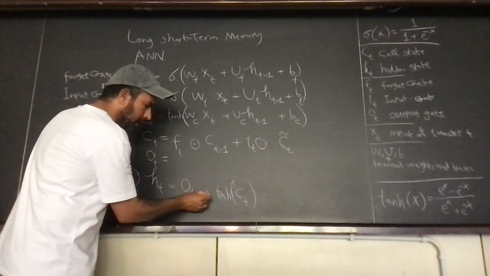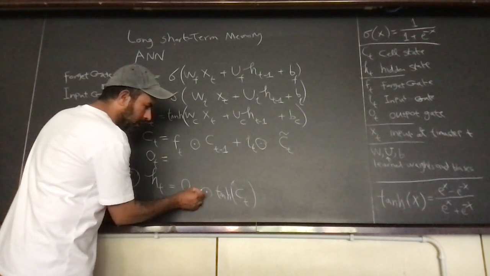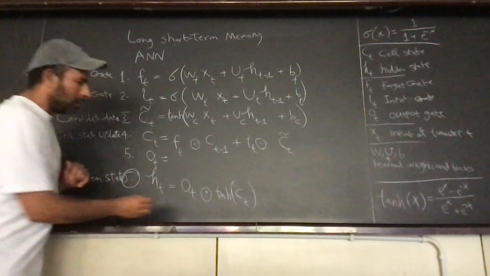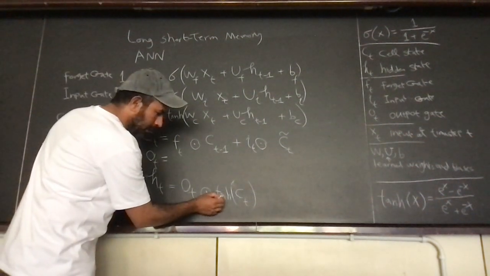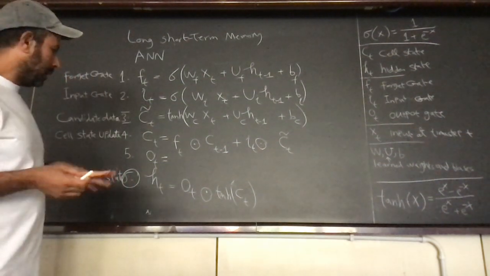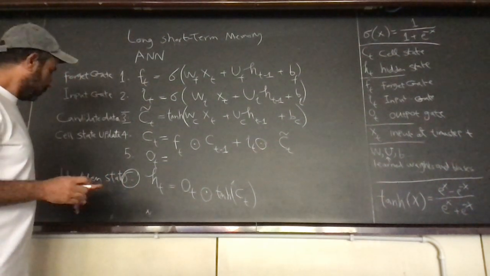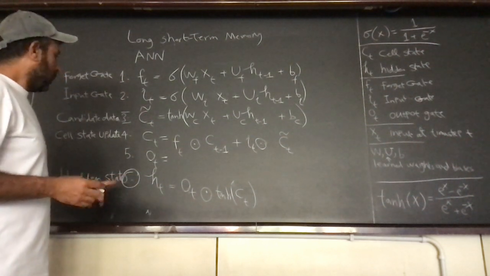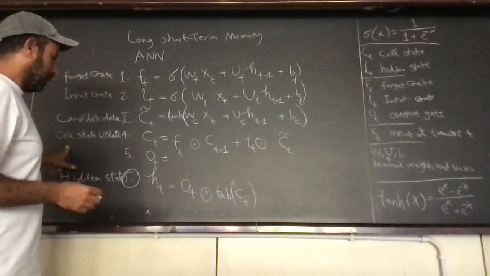To do this we need element-wise multiplication. This is tanh. Okay, so far so good. We have the hidden state. We have the cell state.